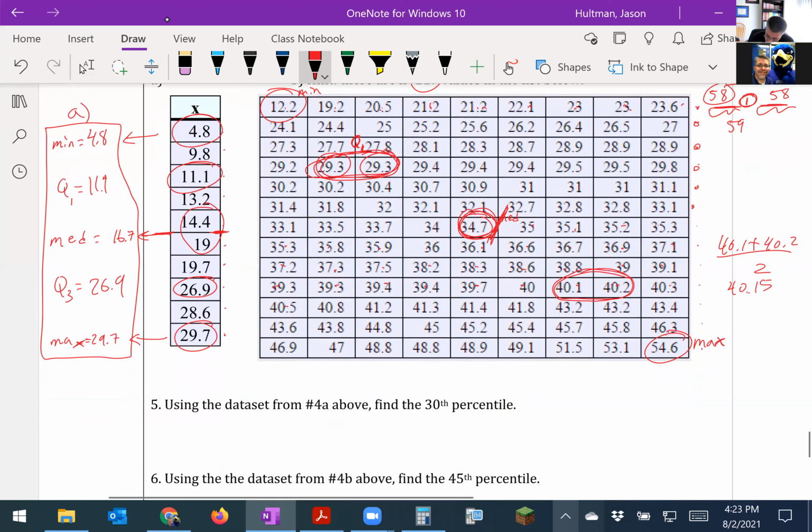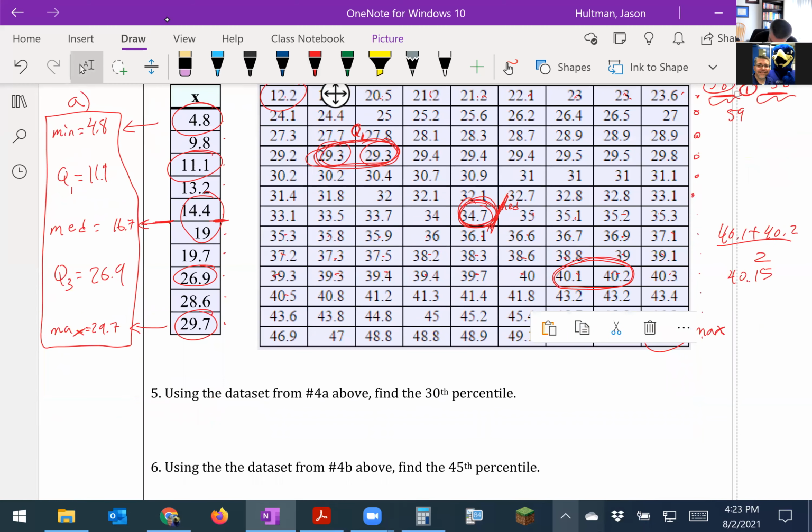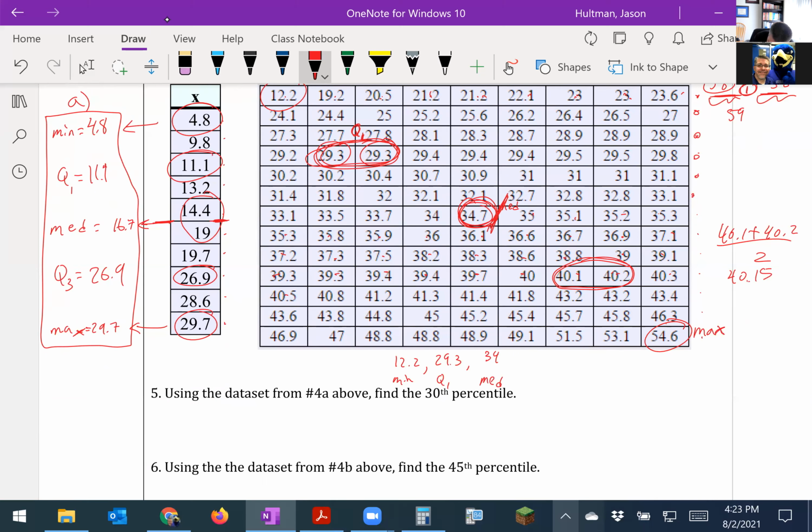So my Q3 here, let's write this out on the bottom here. I'm just going to write them in order. My min was 12.2. The Q1 was 29.3. The Q2, or the median, was 34.7.